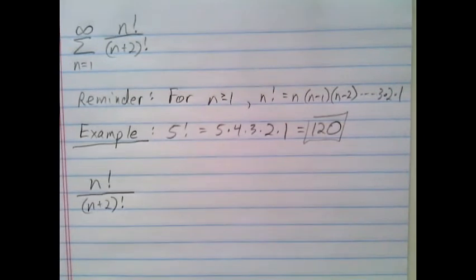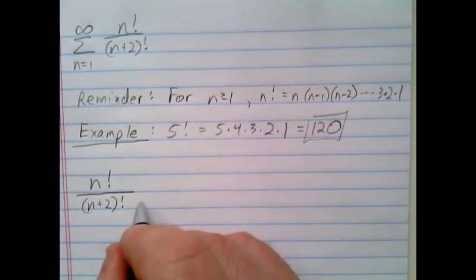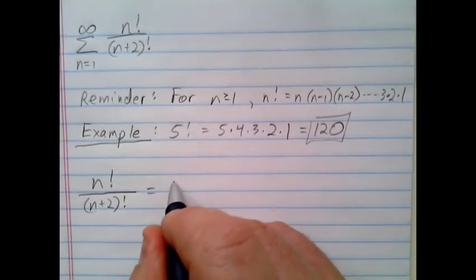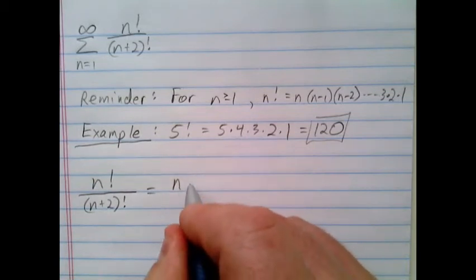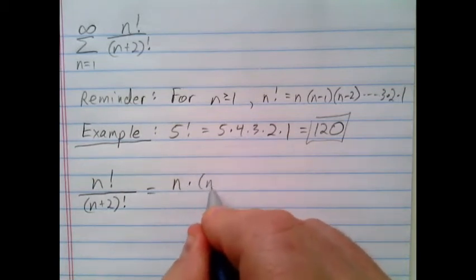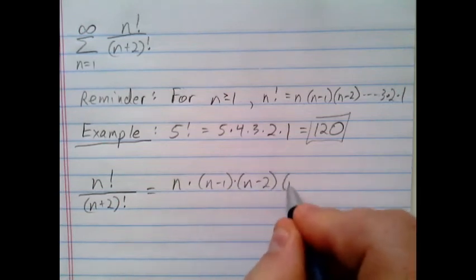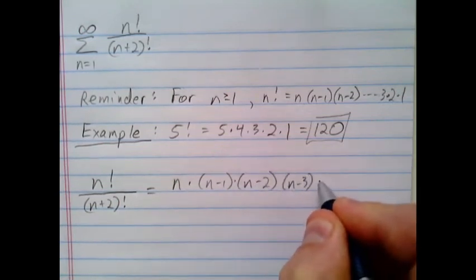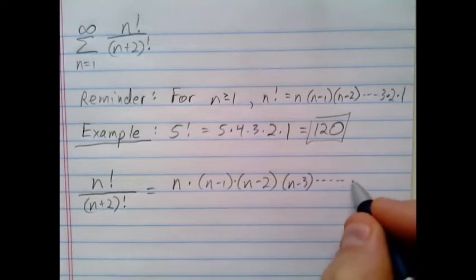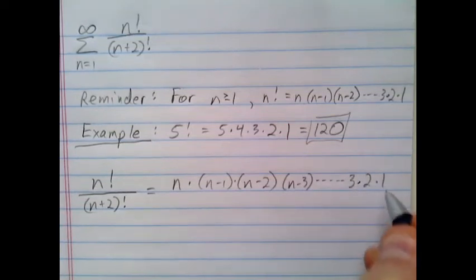It's n factorial over n plus 2 factorial. We just defined what n factorial looks like. It's n times n minus 1 times n minus 2 times n minus 3 all the way back. Keep multiplying until we get to 3 times 2 times 1.